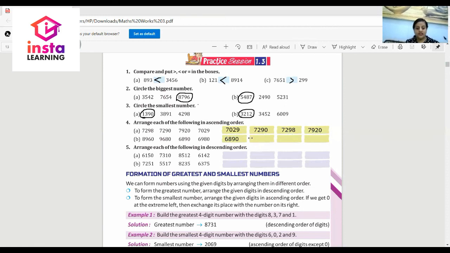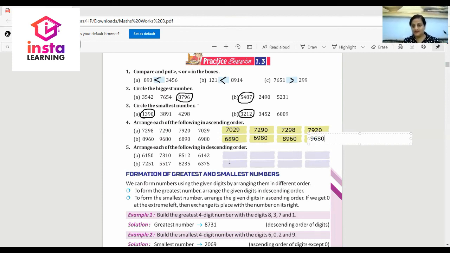Now next will be 6000 only. 6980 will be the bigger number, but it is smaller than the other numbers. So next will be 8000 because 9000 is bigger. 8960 will be the next number. After that, 9680 will be the last and the biggest number.